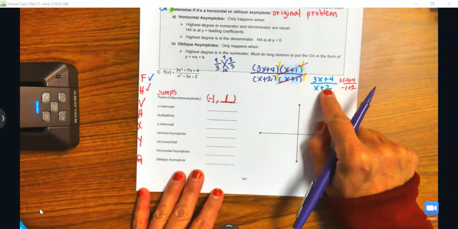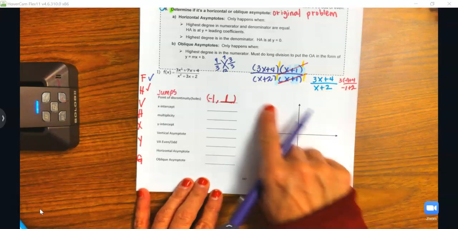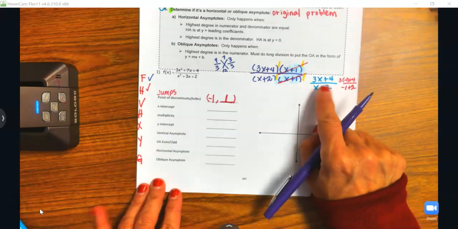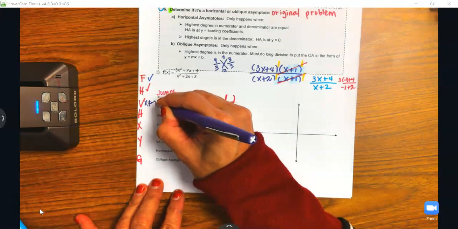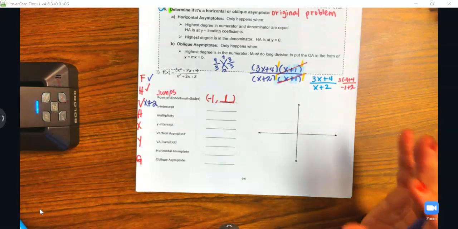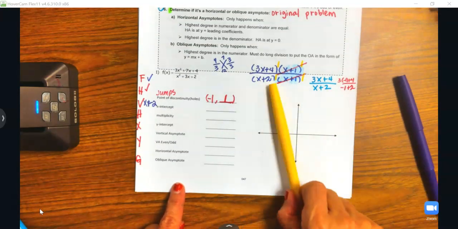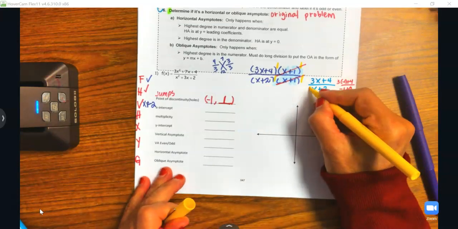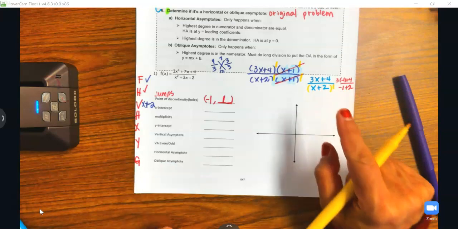What do we have to block out here? We know x cannot equal -2. Notice I'm not looking at this. You always look at your current line. x cannot equal -2. Now remember, this is understood to have an exponent of 1.